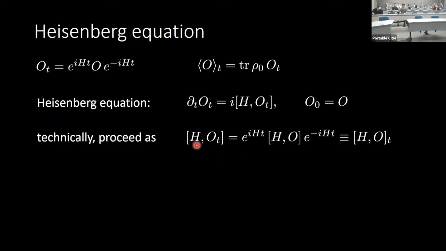The commutator of the Hamiltonian with the Heisenberg operator is the commutator of the Hamiltonian with the Schrödinger operator multiplied by the evolution operator. So in practice, taking the time derivative of the operator is just equivalent to taking the commutator with the Hamiltonian.